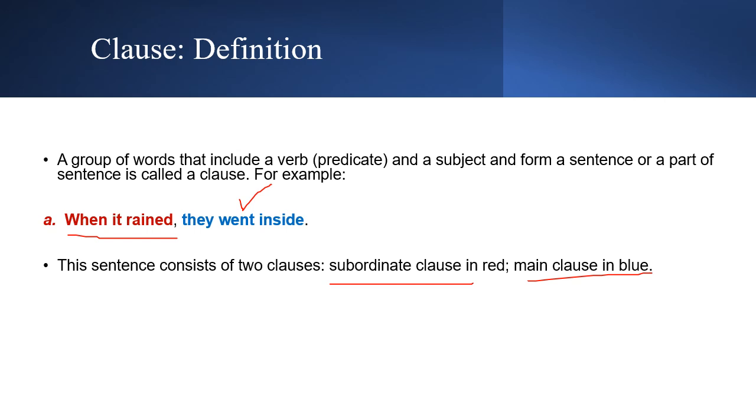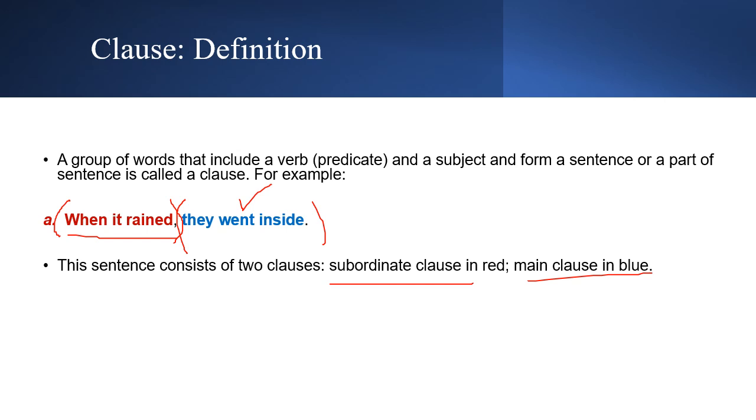For example, now look at this. If you only say this bit to somebody, when it rained, and then you stop, you will be expecting me to say something else as well, because on its own it does not give you full sense. You know that there is something more to come. But if I say this sentence, they went inside, that's it. You don't need any more information to make sense.